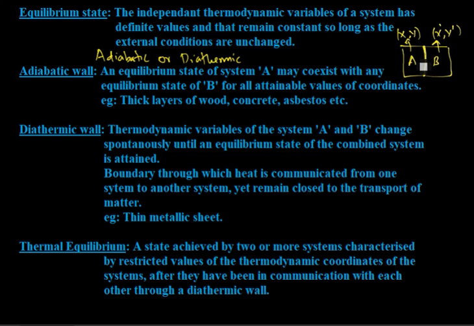So if an equilibrium state of system A may coexist with any equilibrium state of B for all attainable values of the coordinates of the system B, that means this wall serves as an adiabatic wall, which can withstand the stresses associated with the difference between the two sets of thermodynamic coordinates.